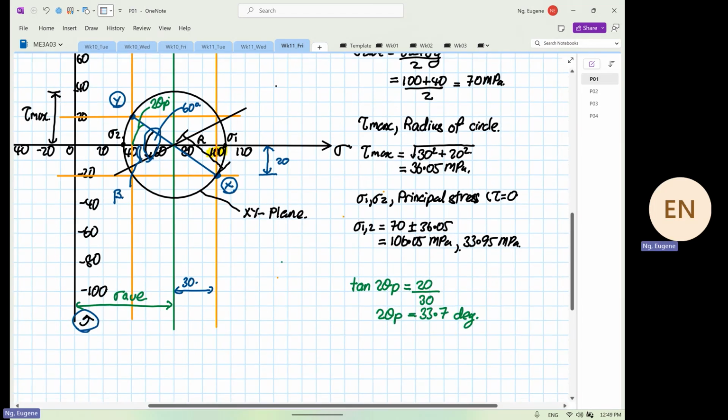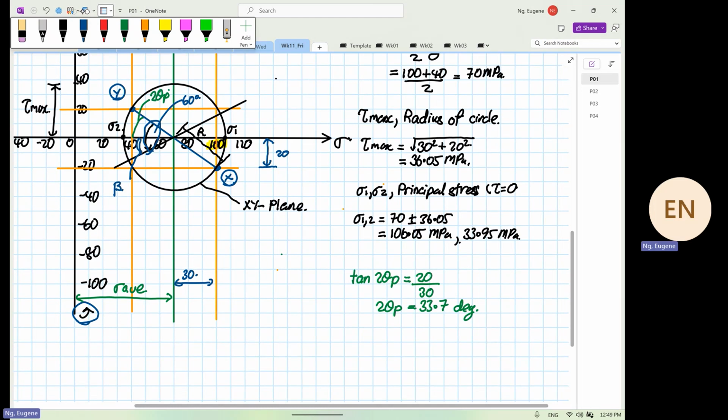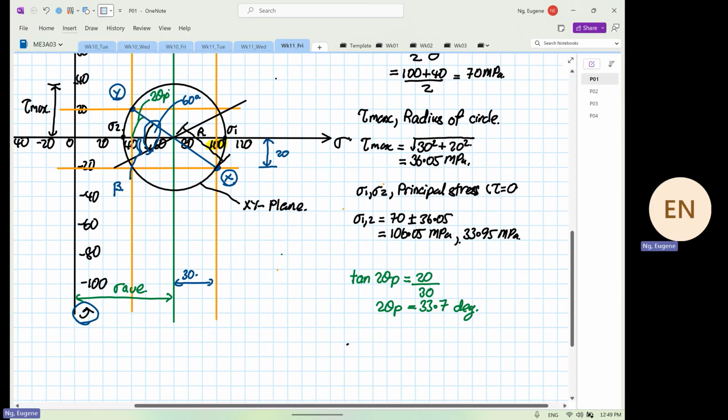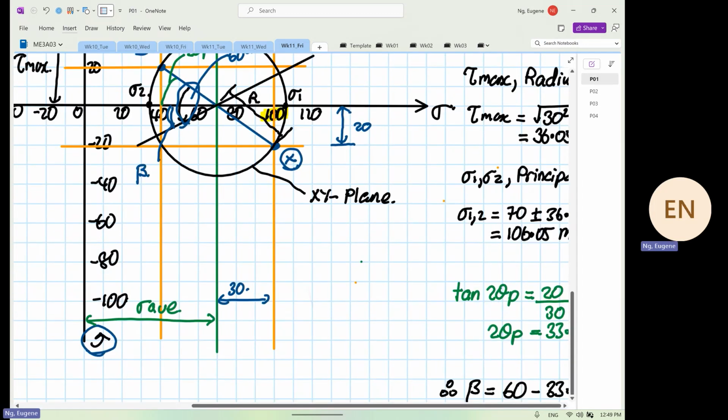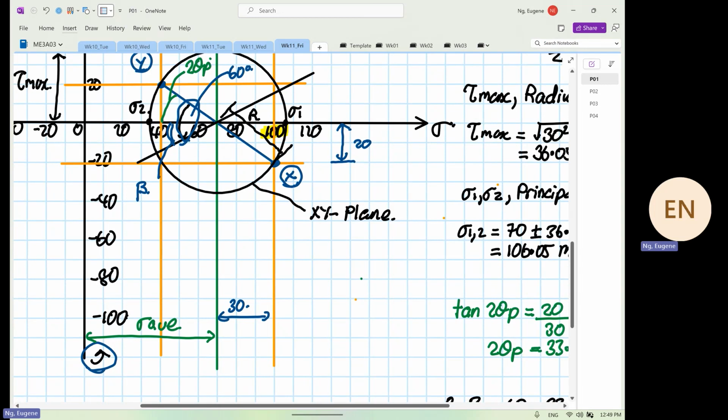From here, we can determine our beta angle. Our beta angle will be equal to 60 degrees minus 33.7 degrees, which is 26.3 degrees.